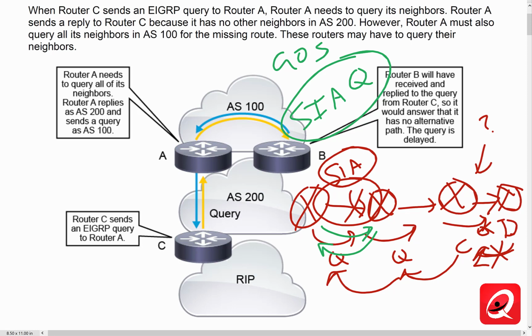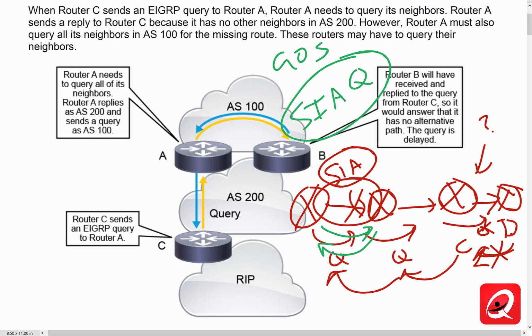So that router can respond with, I got your stuck inactive query, man. I'm not the problem. Okay, now you know I'm not the problem. Somebody downstream is causing an issue, and I'm just sitting here waiting for that downstream router to respond.